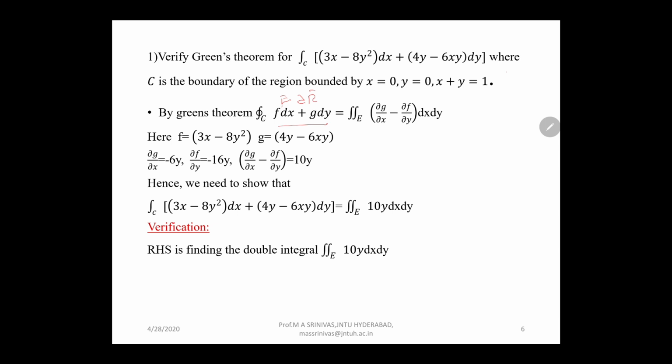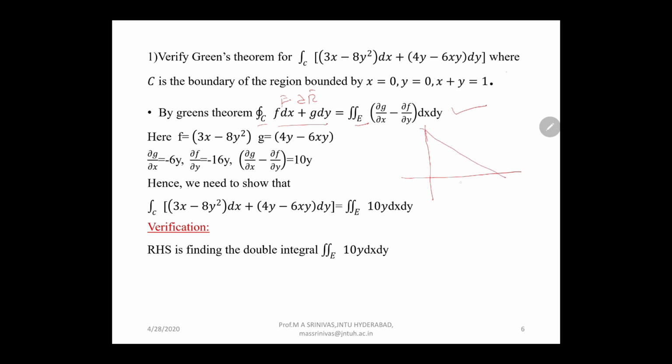This is what we know from Green's theorem. This we have to verify. Verify in the sense you have to find the left hand side and right hand side and see whether those two are equal. Now we need to understand what this E and C are, that he has given. C is the boundary. So you have here the boundary. What is that boundary?